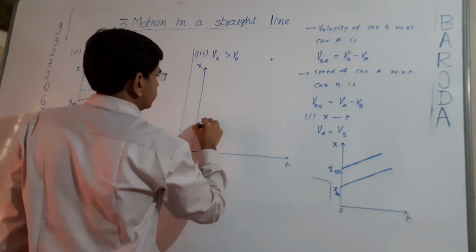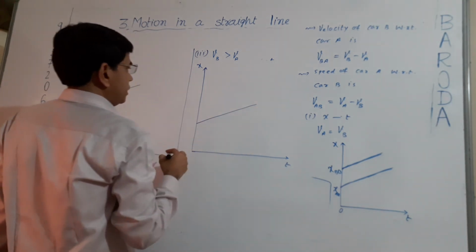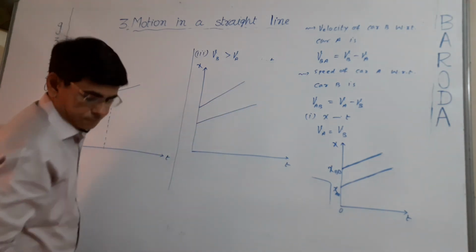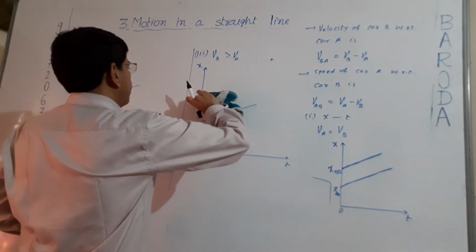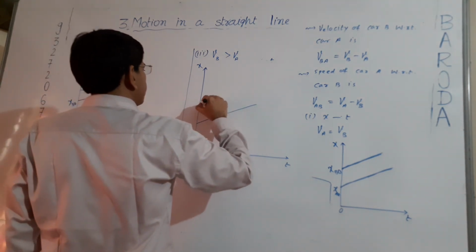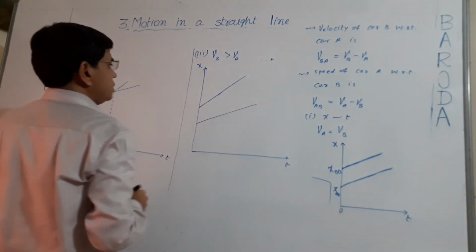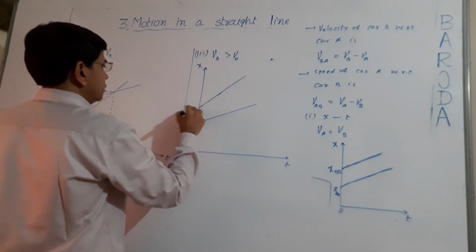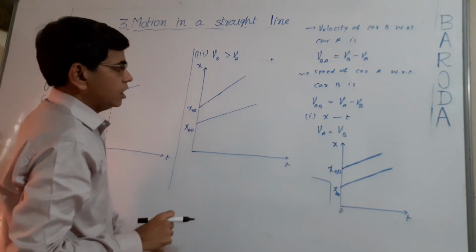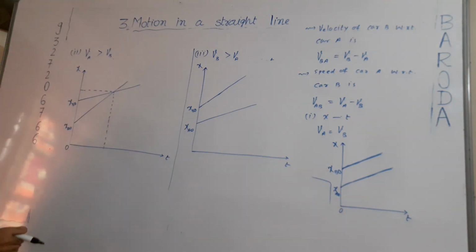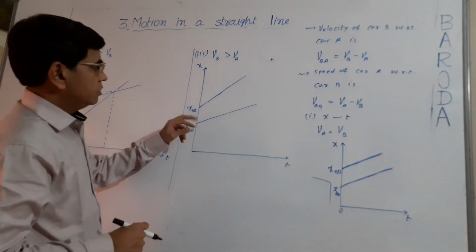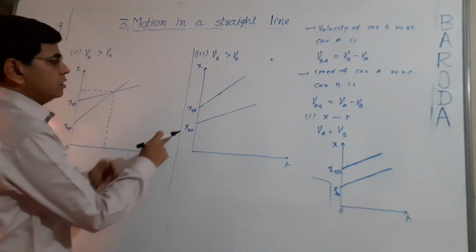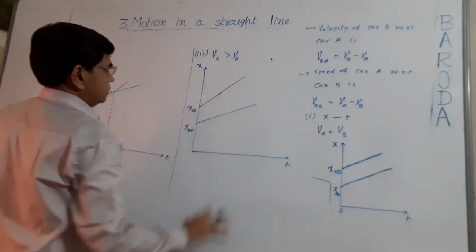That means the slope of the graph of car A is less than the slope of the graph of car B. The speed of car B is more than the speed of car A. In this condition, the distance between car A and car B will increase with time. Hence their graph will come like this.